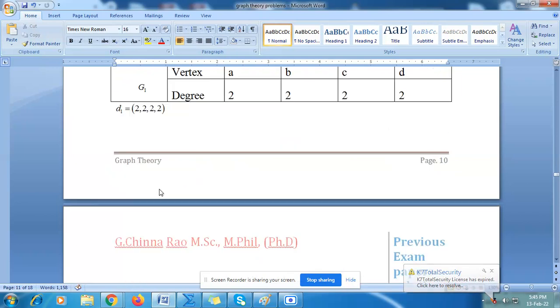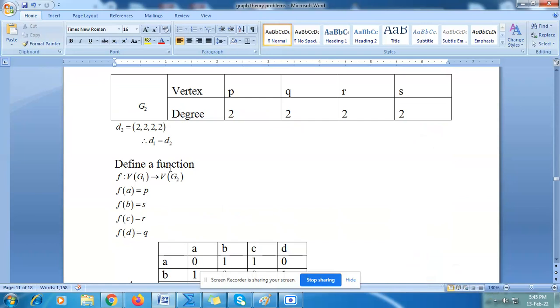And we conclude that the degree sequence of the first graph is equal to the degree sequence of the second graph. Therefore, D1 equals D2.